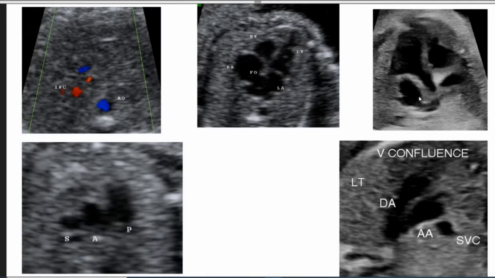Is that clear? 1, 2, 3, 4, 5. From below to above, without rotating the transducer in an axial plane. Okay, 5 axial views.